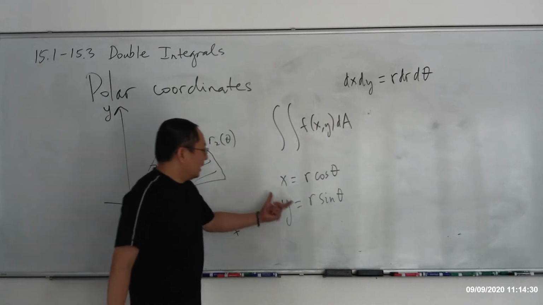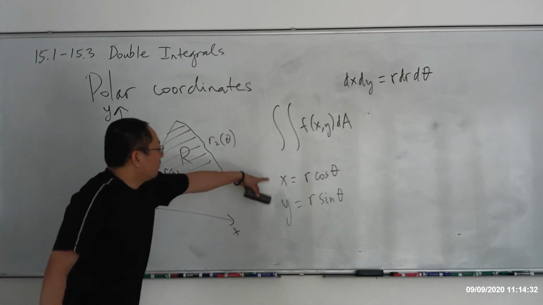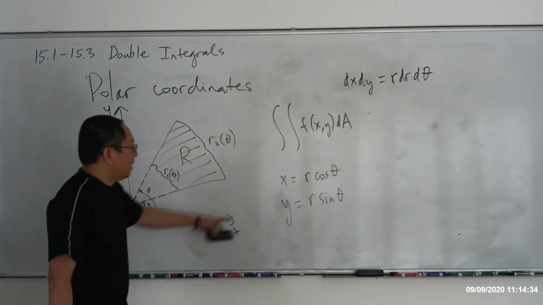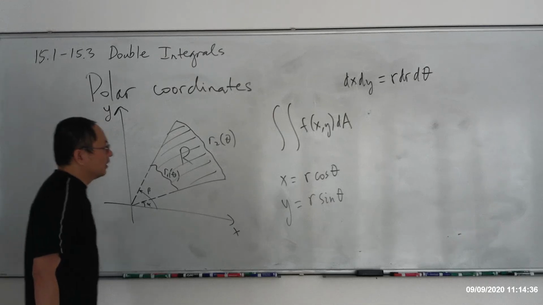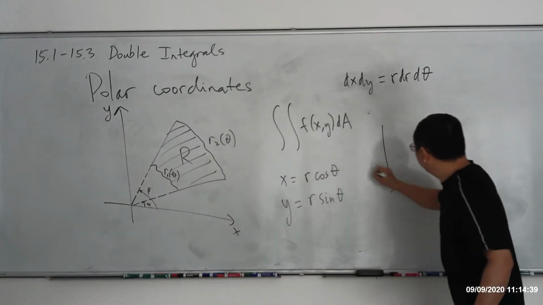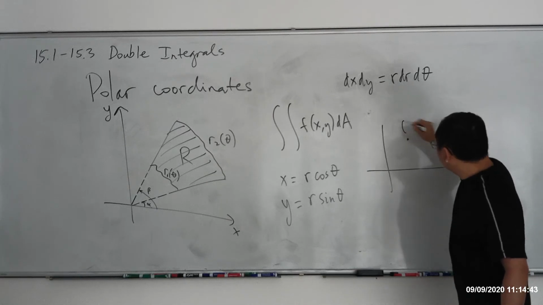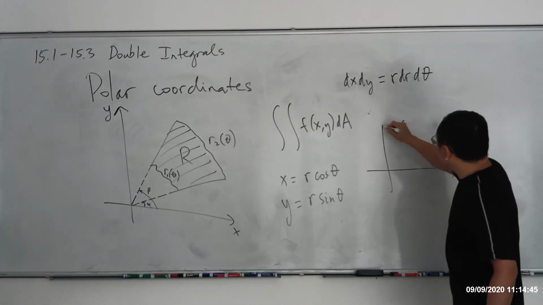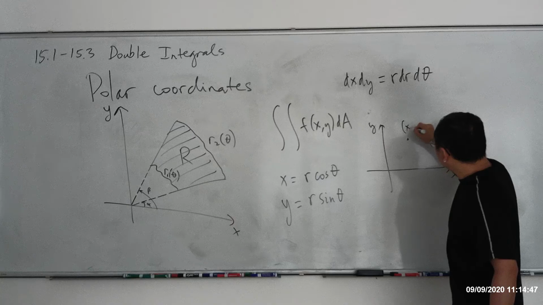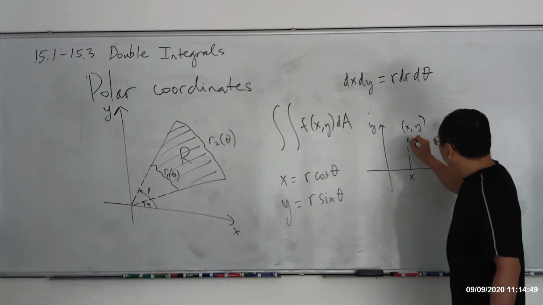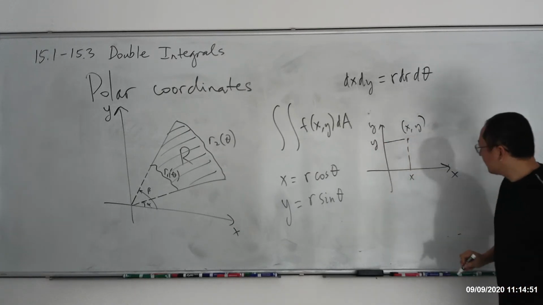So let me explain the whole thing for you, just in case you don't remember, because we had this from Calc 2. We have a point on the rectangular coordinate system, x here, y here. This is (x, y).